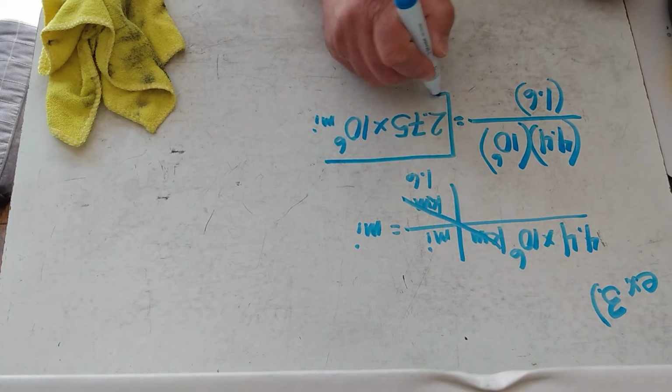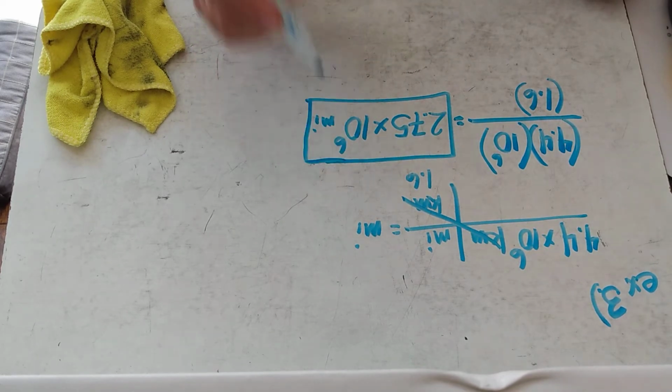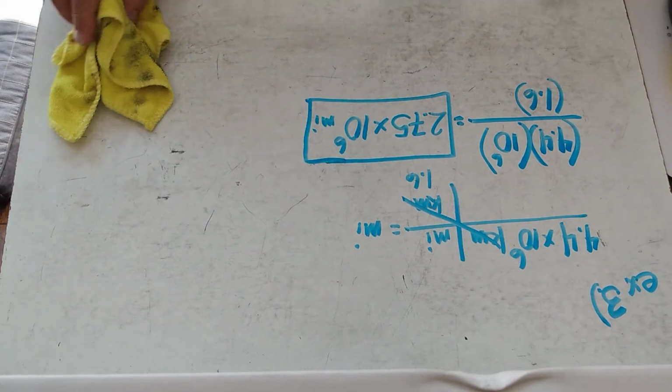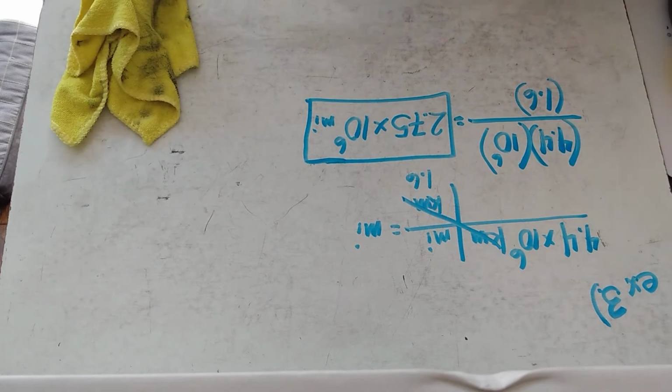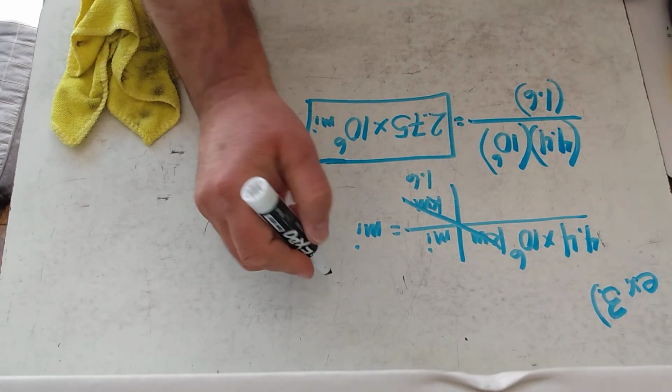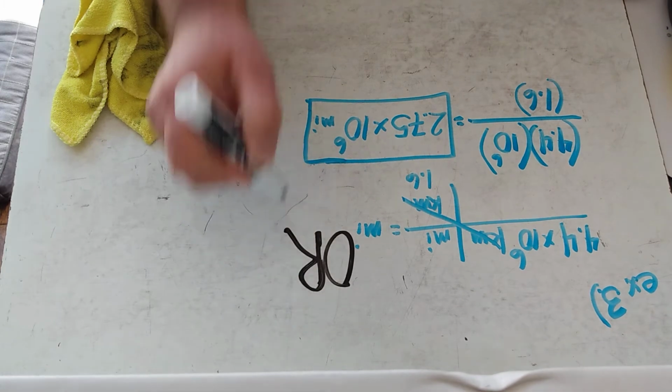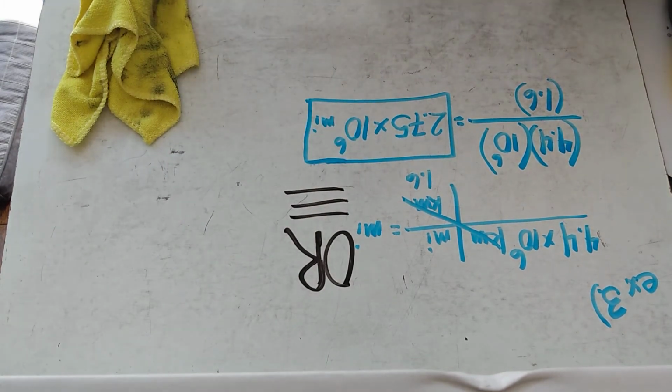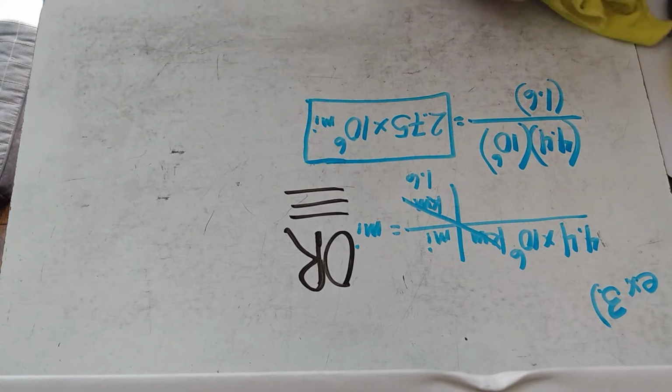So this is one way that we can do this and completely acceptable. Or we can do it another way. And we can do it another way based on the unit that we use.